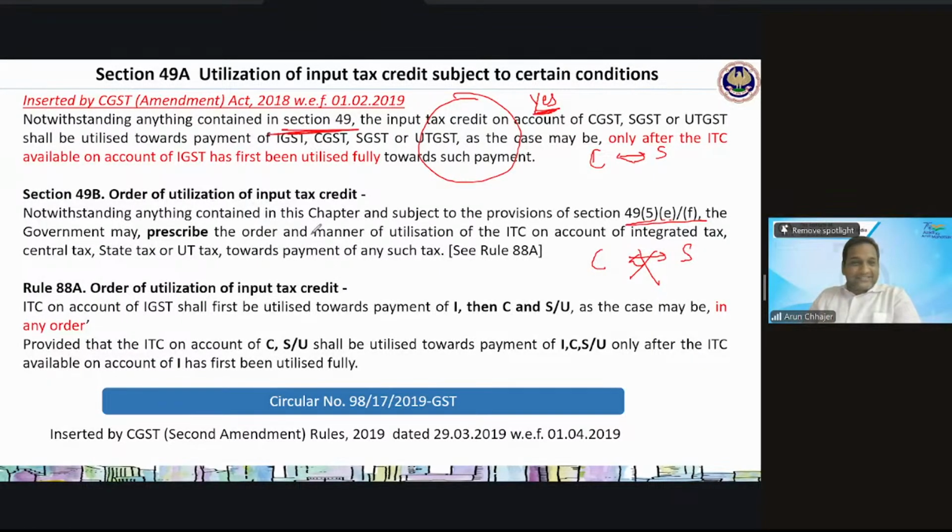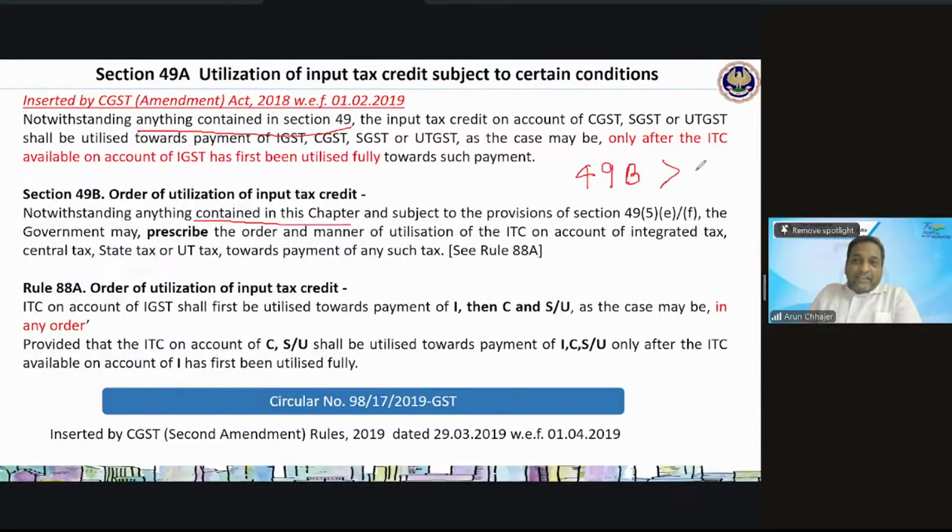Very nice, Yogesh. Very nice, Geet. Now, my main point which I would like to compare, what is the difference between this and this? Will 49 override 49A also? एक बात बताइए, listen to my question.